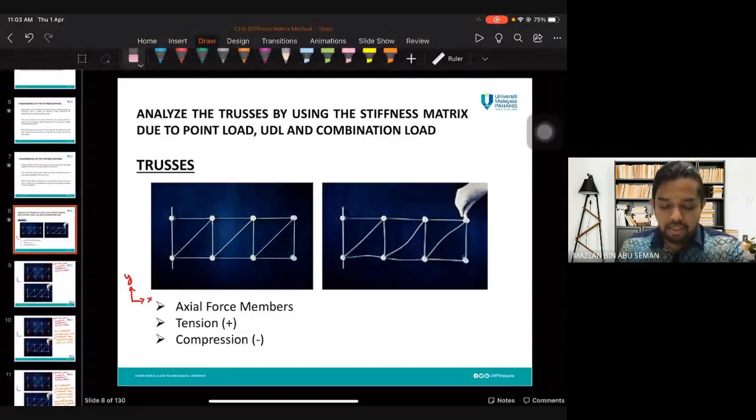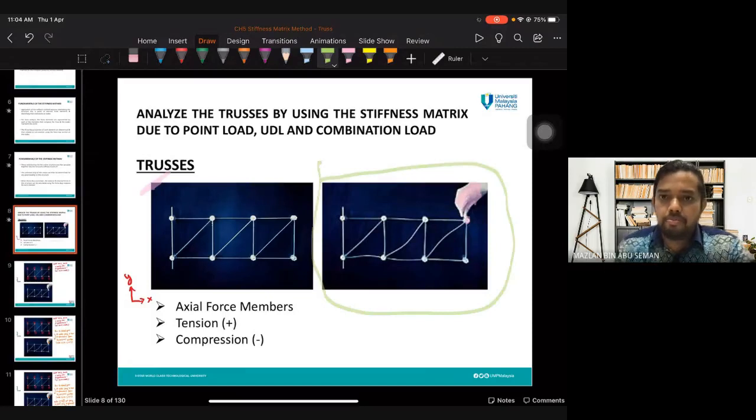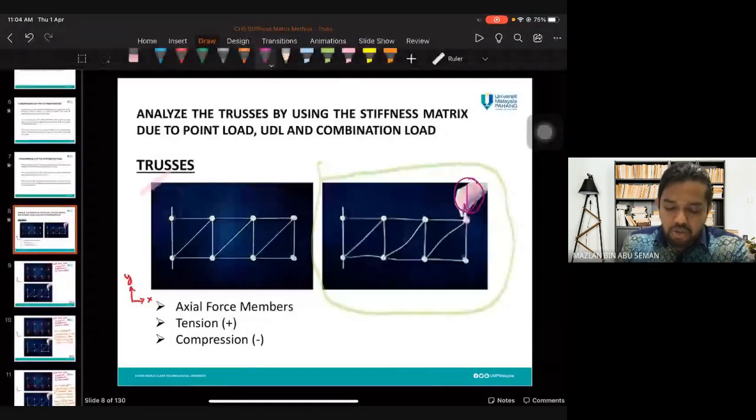Take this as an example. Initially, your truss is without load, and when you apply a load at this point, you're going to have a deflected shape. So this will be your deflected shape. When you increase this force gradually until you get this shape, you're going to have tension and also compression in those members.